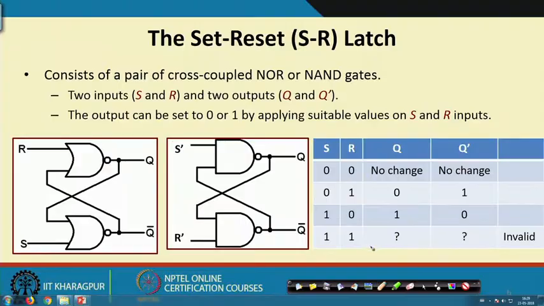But for a sequential circuit, such an input behavior we refer to as a state table, because it also captures the state of the system, not only the input-output behavior. So, this table that we are showing here actually is a state table.